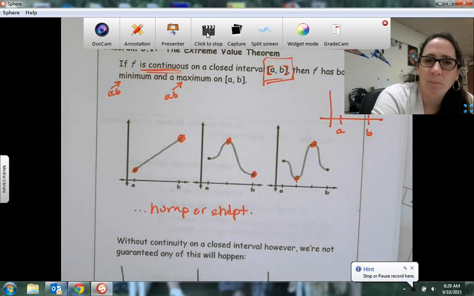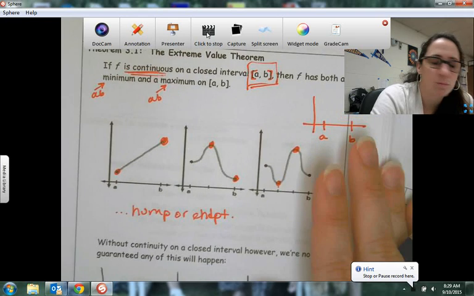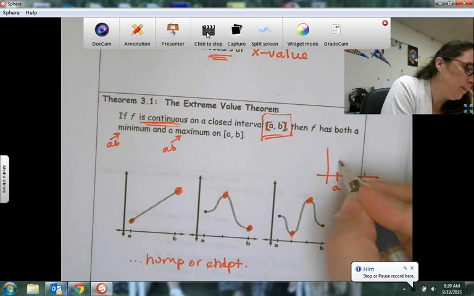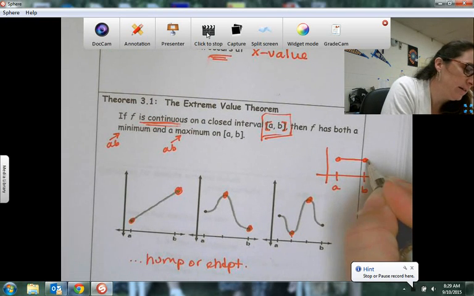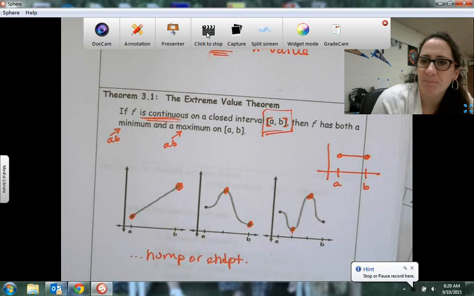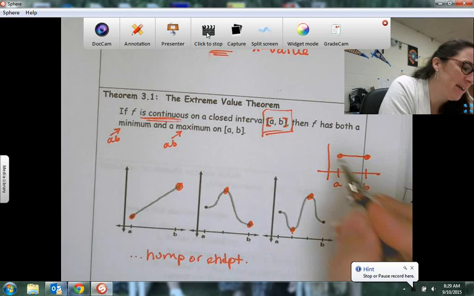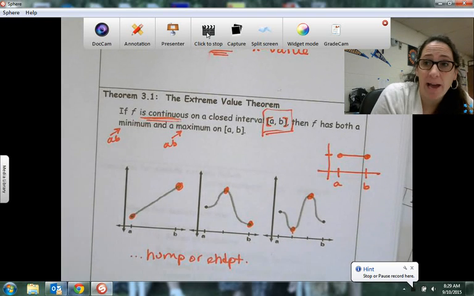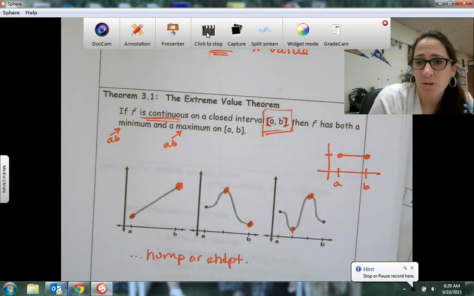So looking down at these, here I could see that if I had this open circle, I am approaching a max, but I never get it. So that's because it wasn't on a closed interval. Okay. And here again, it's not on a closed interval. So it has to be continuous on the closed interval to have the max and the min. And here I actually have a min going on.